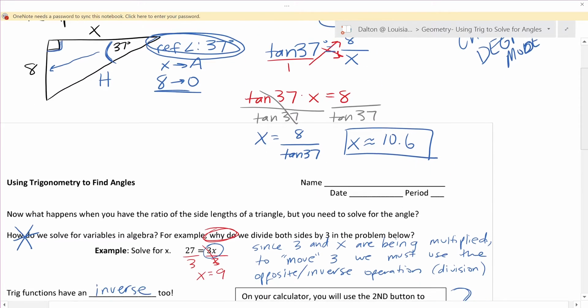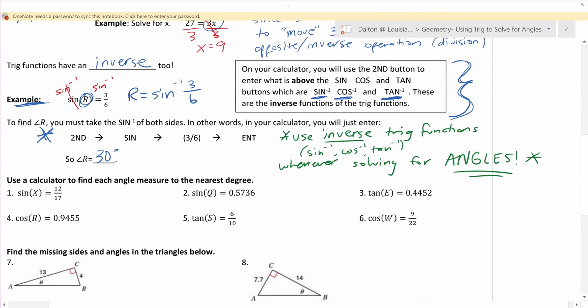Okay, so let's do some of these examples here. Before we use triangles, let's do some of the basics. This first set of examples says use a calculator to find each angle measure to the nearest degree. So number 1, it says sine of angle x is equal to 12 over 17. So I'm trying to solve for the angle. If I want to get x out of there, I need to take the opposite of sine, which is sine inverse.